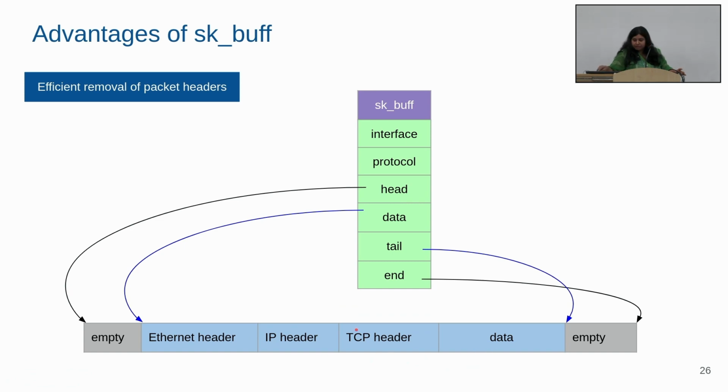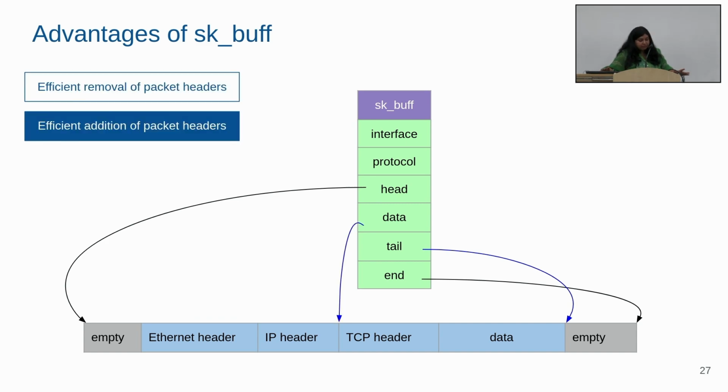Instead, for efficient removal of the packet header, you just move your data pointer. So now skbuff is pointing to this. Data is not lost, data still exists, only the pointer has changed. Similarly, if you want to send this packet to the transport layer, the TCP layer, you just move the pointer and pass the skbuff structure. That's going to give you performance. So that's one advantage of using skbuff.